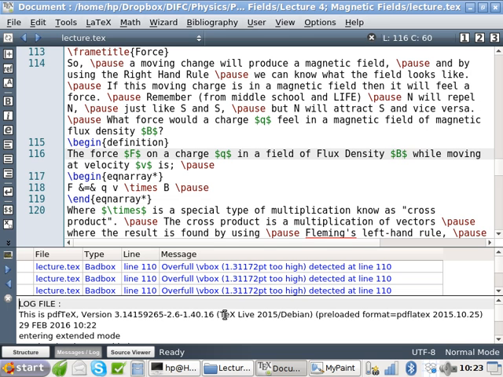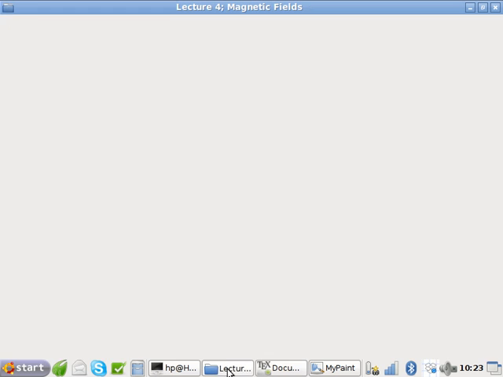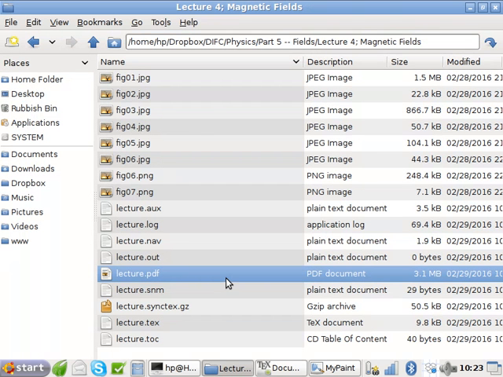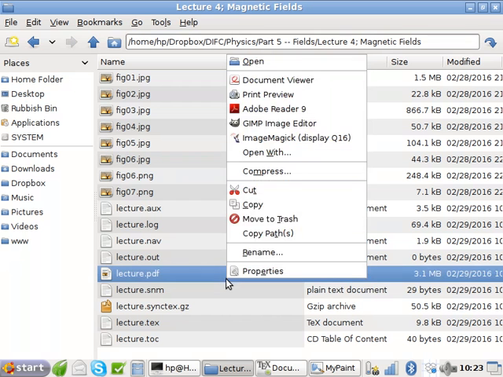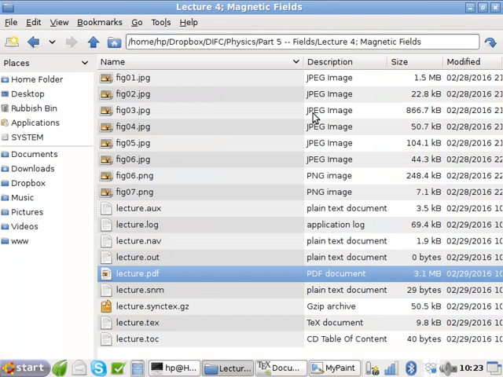No? Q? No, that's charge. Alright, we won't commit to any guesses then. Fair enough. Well, in an electric field the force was QE.